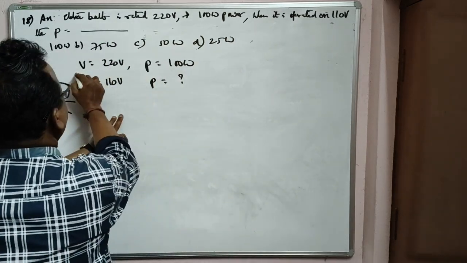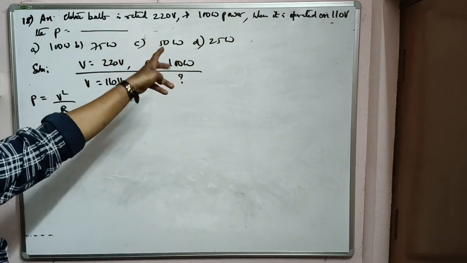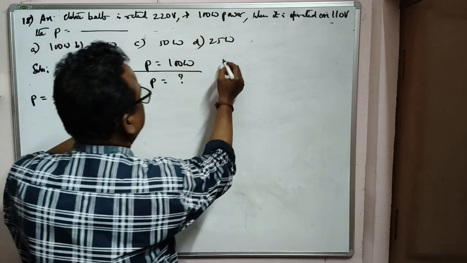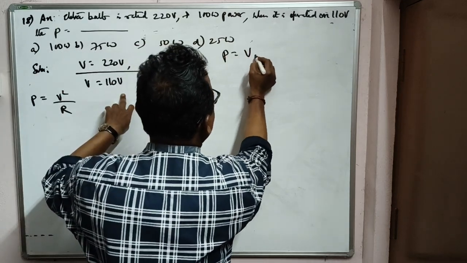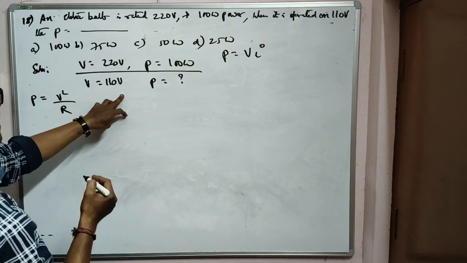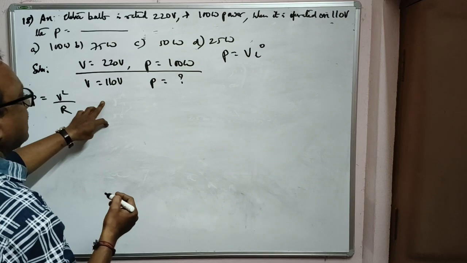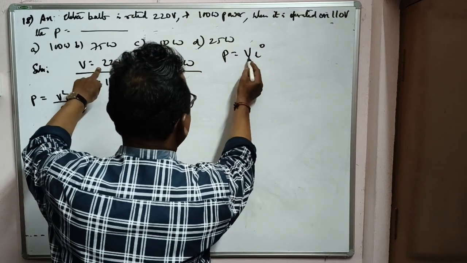Or else you can also use the power formula P is equal to VI and calculate the current. Then also you can calculate the power. Anyhow, we'll use this formula first.